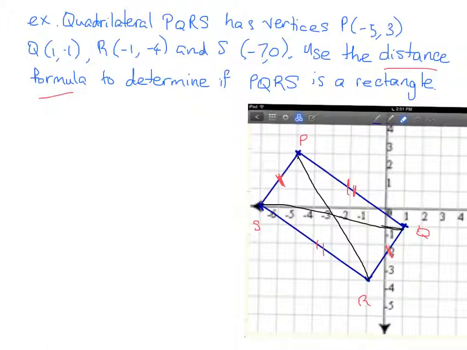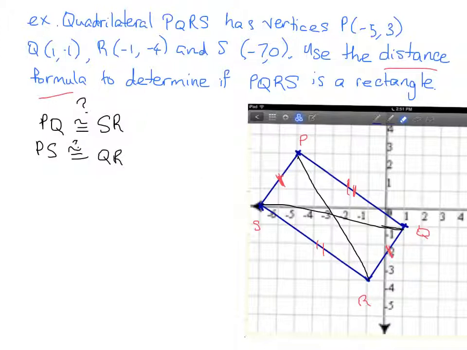So I'll write down what the 3 pairs of lines are. PQ has to be congruent to the opposite side SR. And again, we don't know if this is true, so I'm going to put a question mark here. PS has to be congruent to the opposite side QR. And we don't know if that's true, so question mark.